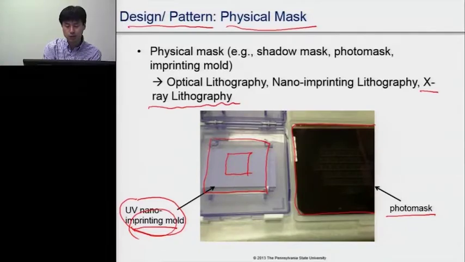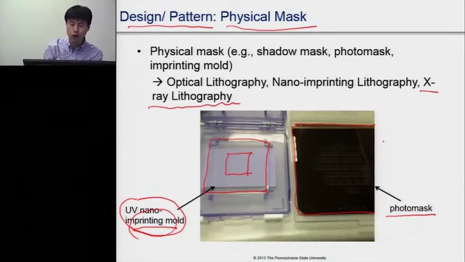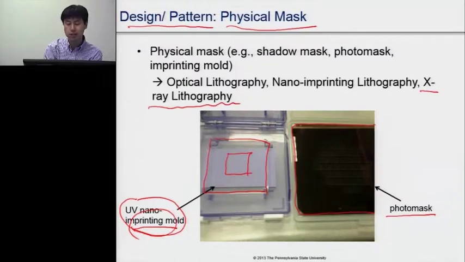But all these masks already have those patterns inside of this physical structure. So we only need to load this mask for your process, and then apply some energies to transfer these patterns to some of the materials.